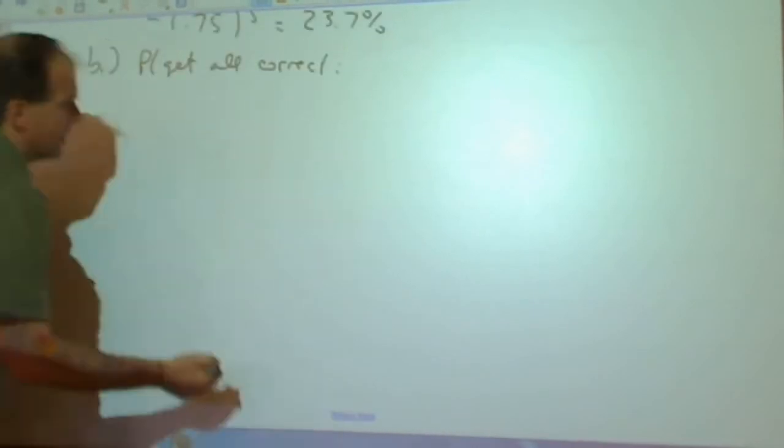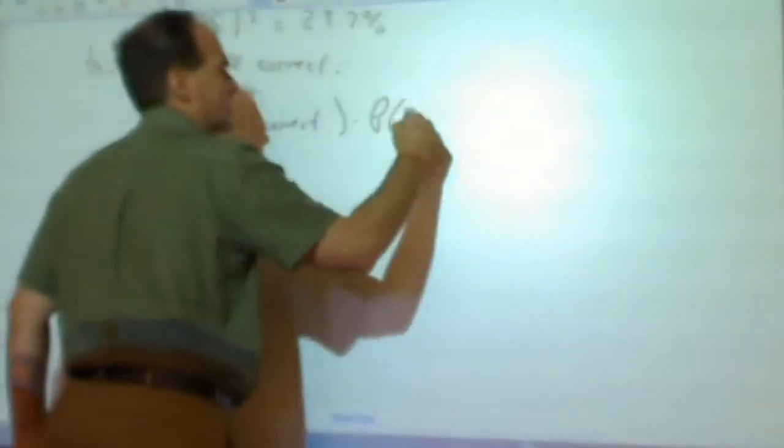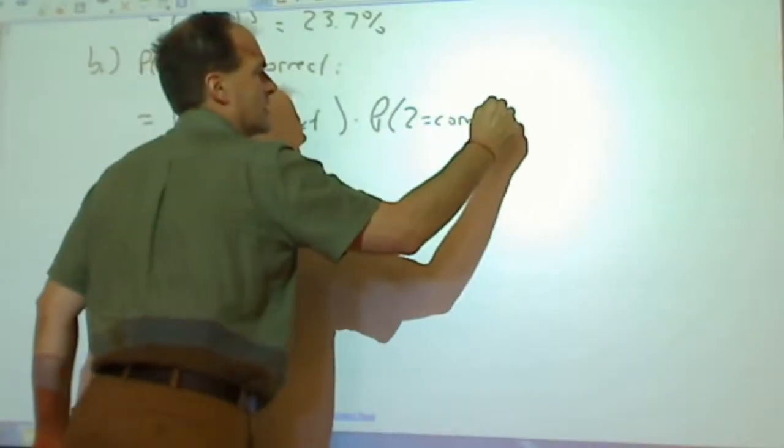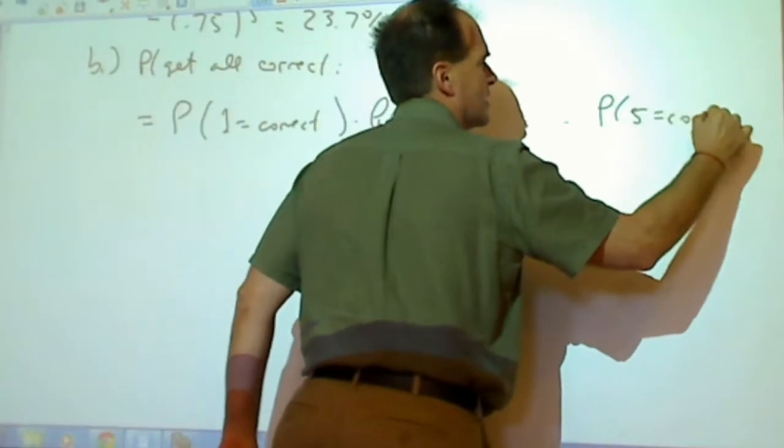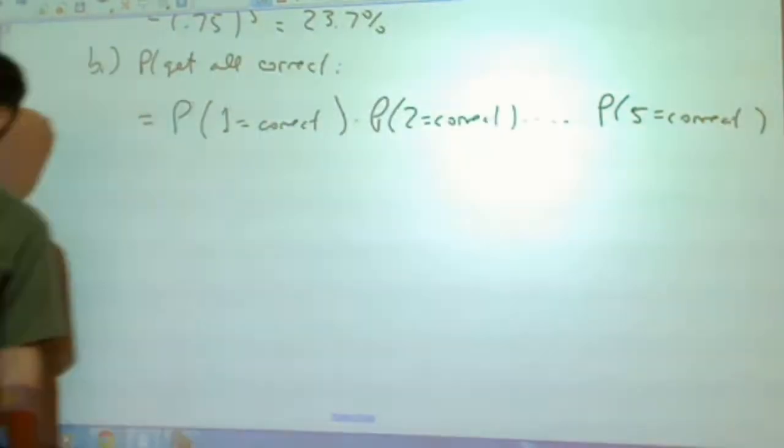So, is everybody good? First is correct. Second, correct. All the way up to 5th, correct. Is this making sense?